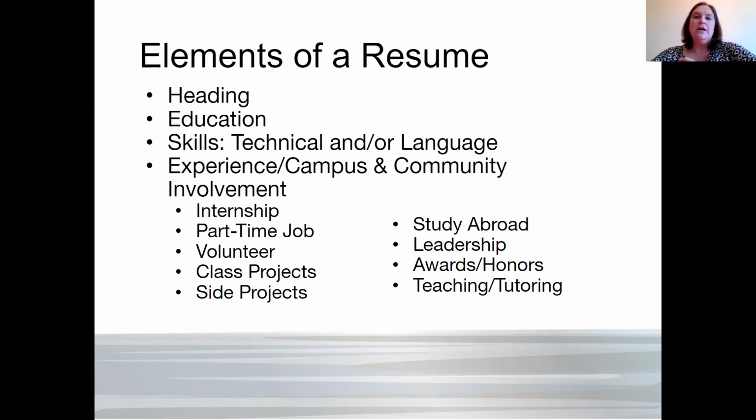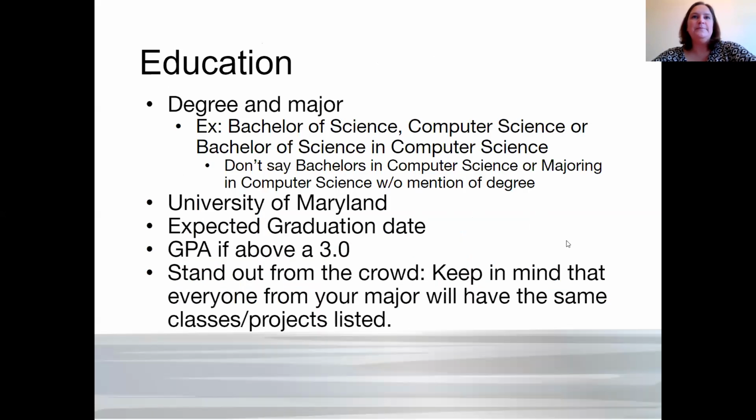But this is where really the heart of what's going to go on your resume comes, right? So if you've had an internship, those are going to be on there. If you've had part-time jobs, if you've volunteered, if you've been part of a student organization, participated in a hackathon, class projects, side projects, all that good stuff is going to be in your experience section. And I will definitely come back to that in a moment, but this is just your quick overview of the different sections of your resume.